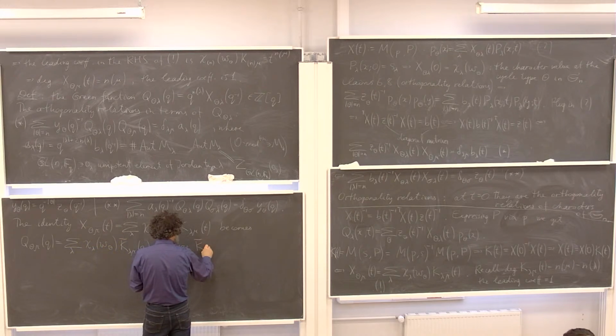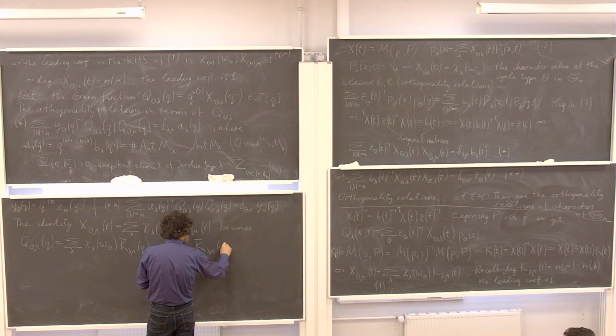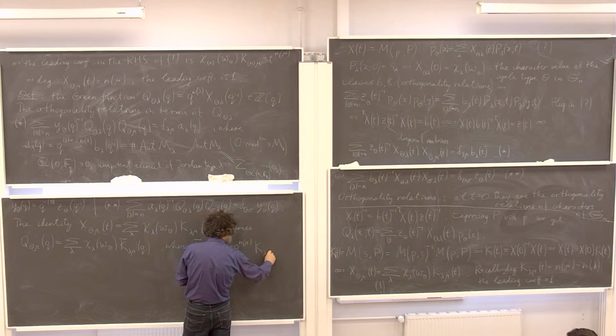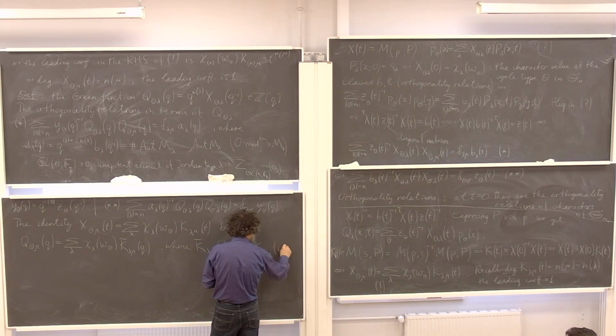The modified Kostka polynomial lambda mu of q is q to the power n of mu, usual Kostka polynomial of q inverse.